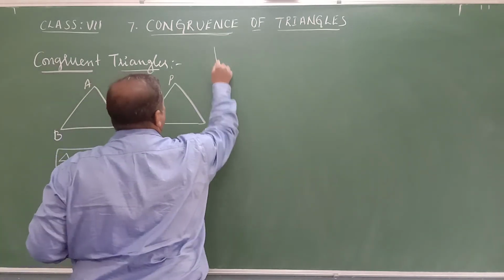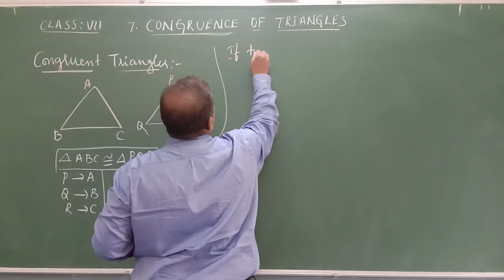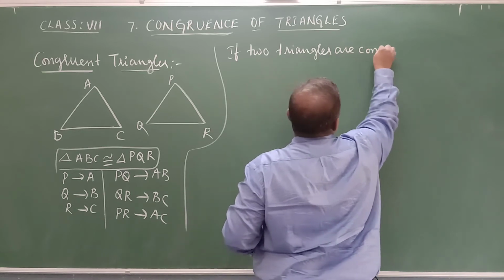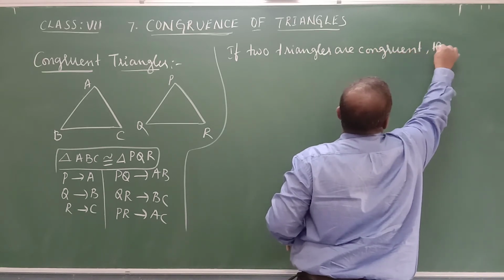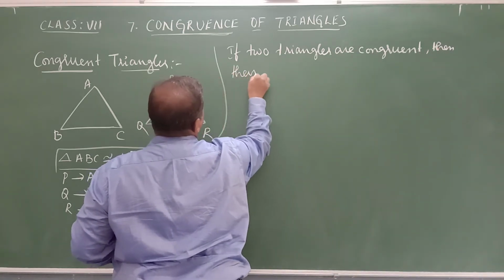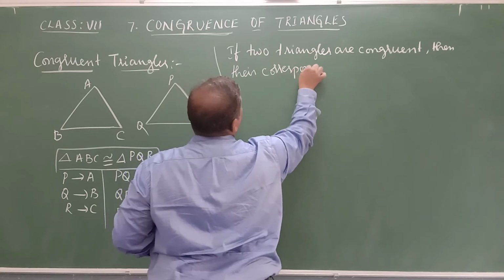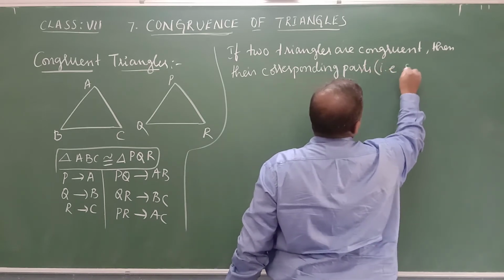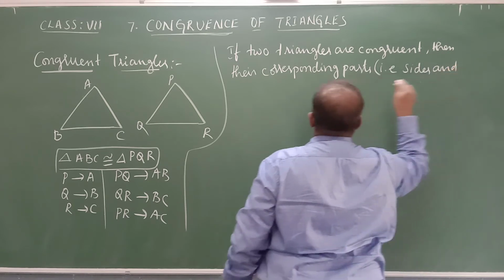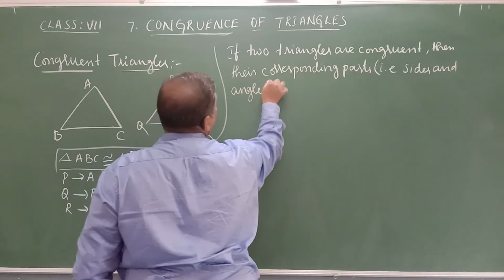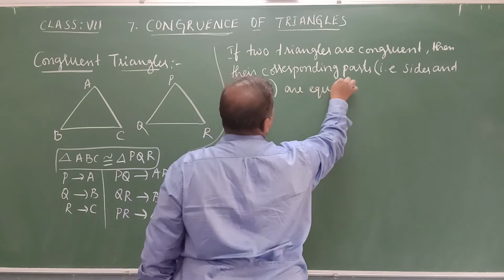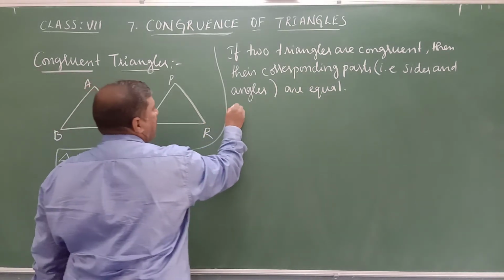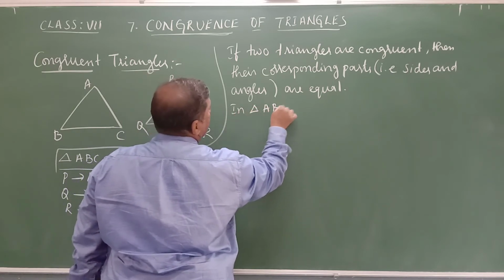If two triangles are congruent triangles, then their corresponding parts, that is sides and angles, are equal.